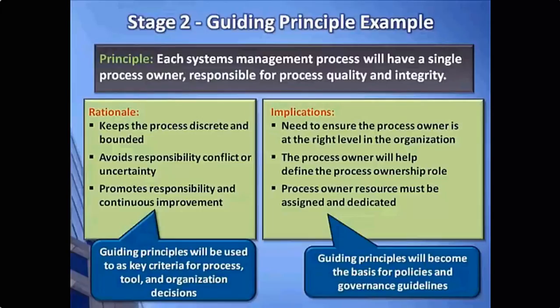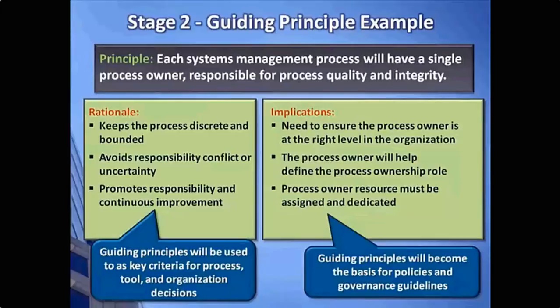So if we look at this example, the principle statement says each systems management process will have a single process owner responsible for process quality and integrity. Now under rationale, we have to say, why do we care about that principle? What's the benefits or importance of that? Well, if we have a single process owner that's accountable for process quality and integrity, it keeps the process discrete and bounded.